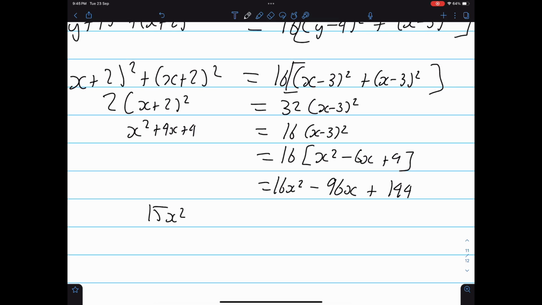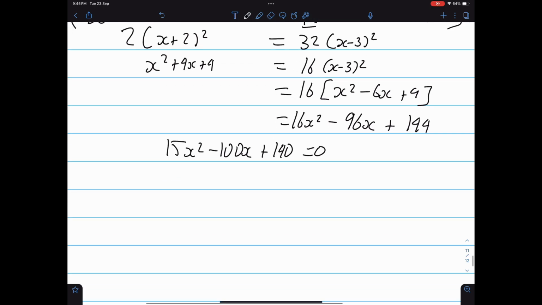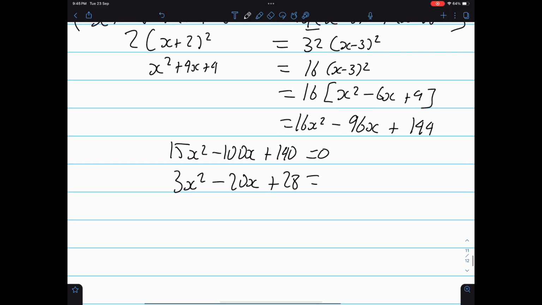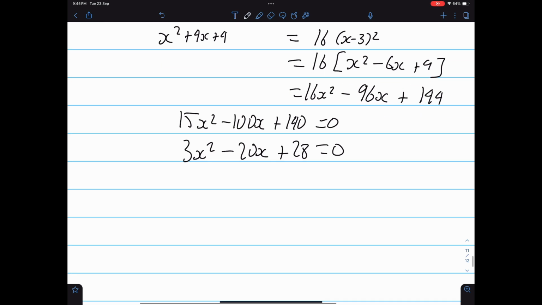So 15x squared minus 100x plus 140 equals 0. 3x squared minus 20x plus 28 equals 0.